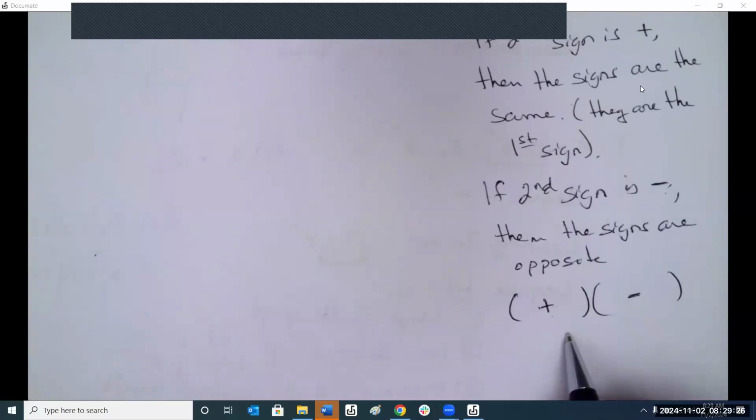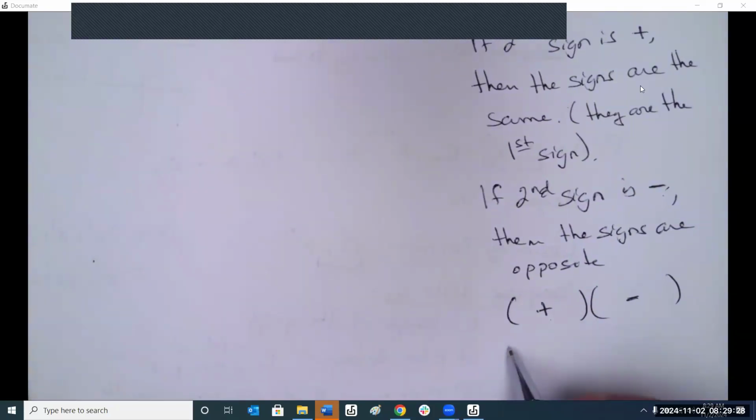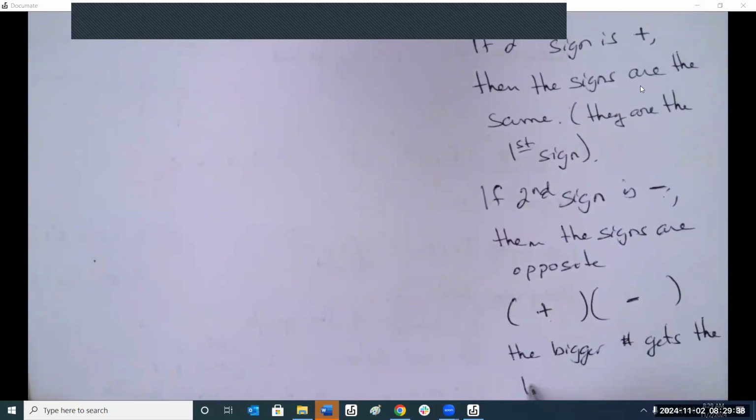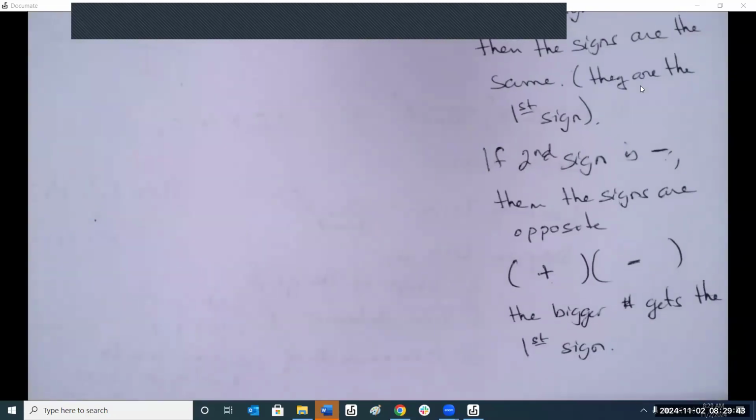What does that matter? Well, how do you know which is which? The bigger number gets the first sign.